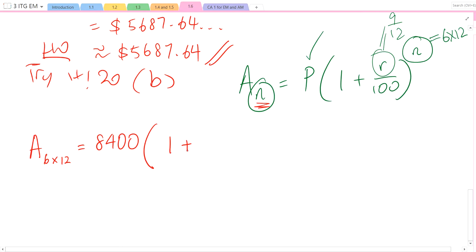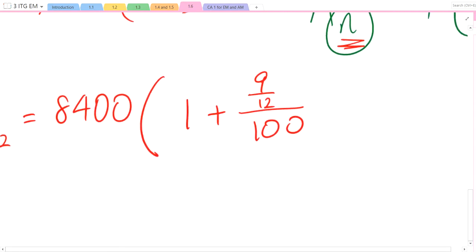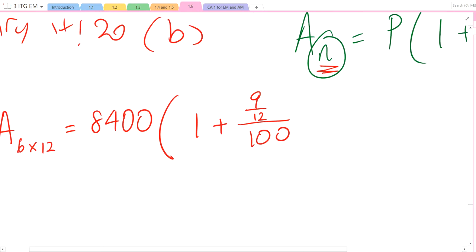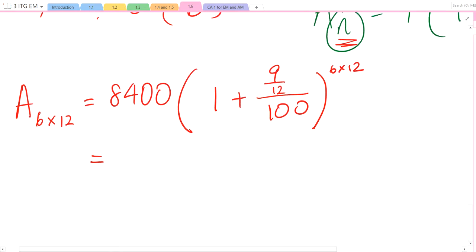You told me that it is 9 over 12, isn't it? 9 over 12, so 9 over 12 over 100. I want you to take a close look at how I write a fraction in a fraction: 9 over 12 divided by 100. Then this whole thing is to the power of 6 times 12. This is going to be the total amount.